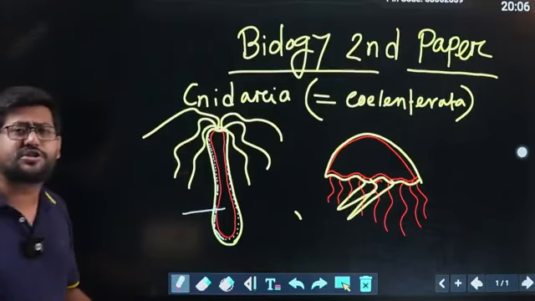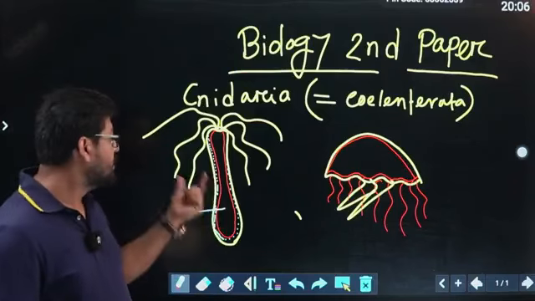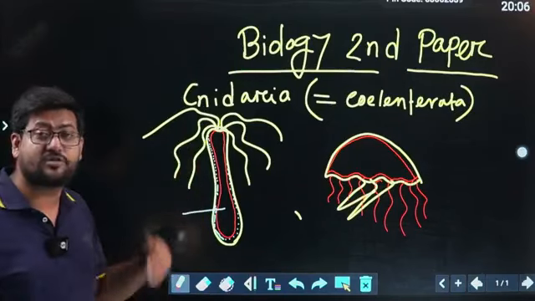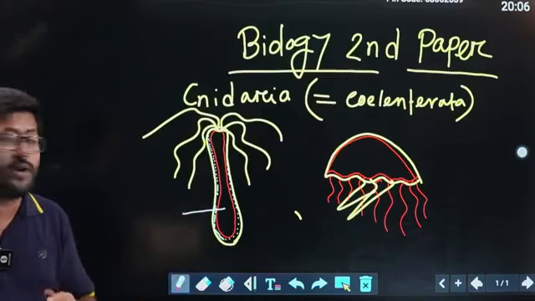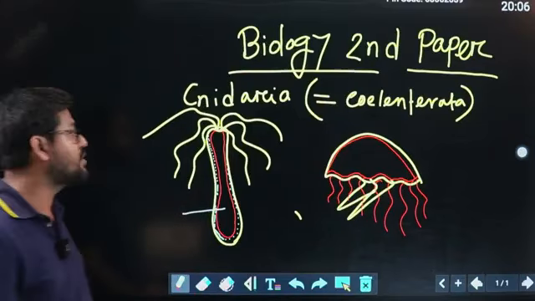When you study the structure, you will see their body is very transparent. Their body is transparent enough that you can observe many parts of their body from the outer side.